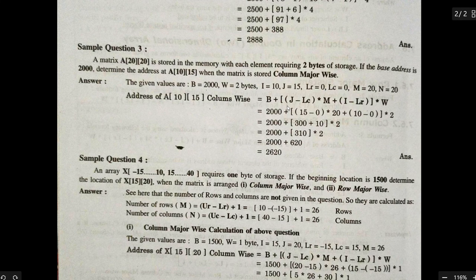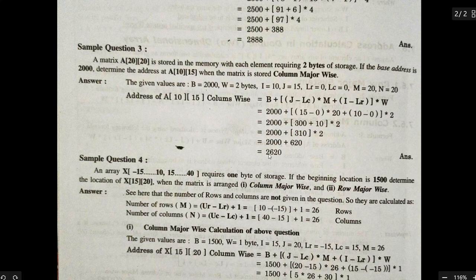Remember where you have to put the values, and this whole thing will be multiplied by W. It means after performing this calculation you have to multiply the resultant value by W. So put the formula with the brackets, where you have to place the correct bracket, square bracket or round bracket. Take care of this also.